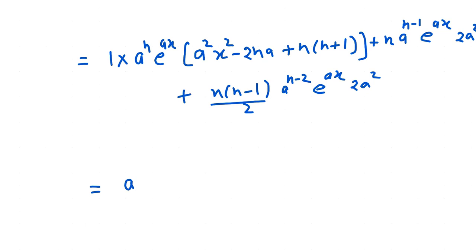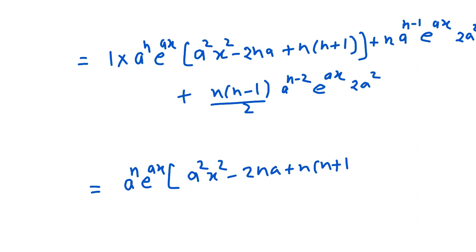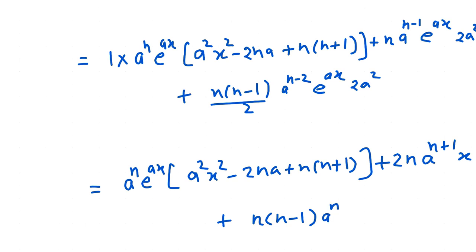Inside we have a square x square minus 2na plus n into n plus 1, and plus 2n into a to the power n plus 1 by adding them, into x into e to the power ax, plus n into n minus 1 into a to the power n into e to the power ax.